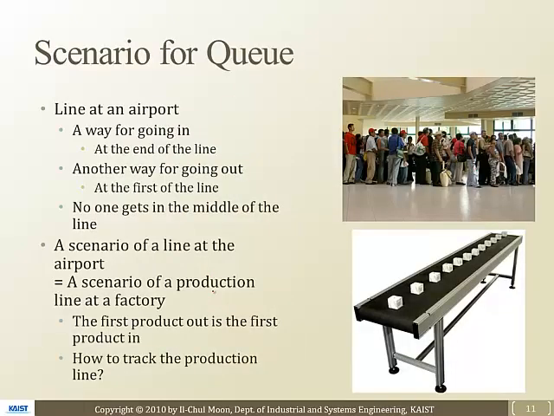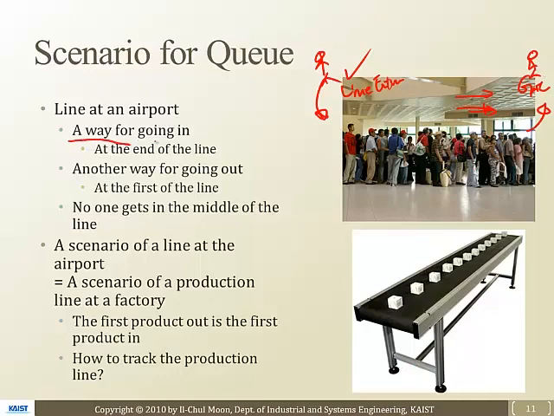So let's start. This is a scenario for the queue operation. Imagine that we have this line in an airport. By looking at this line, you can see that most people are facing this direction, which means that people are going this way, and there must be some kind of gate, and there is a line entrance here. So people come in here, and people will get out here.